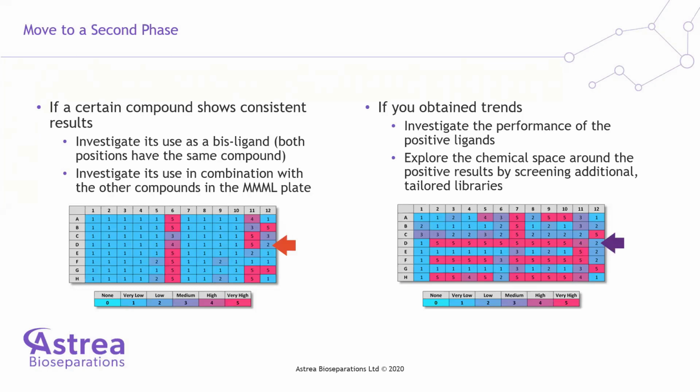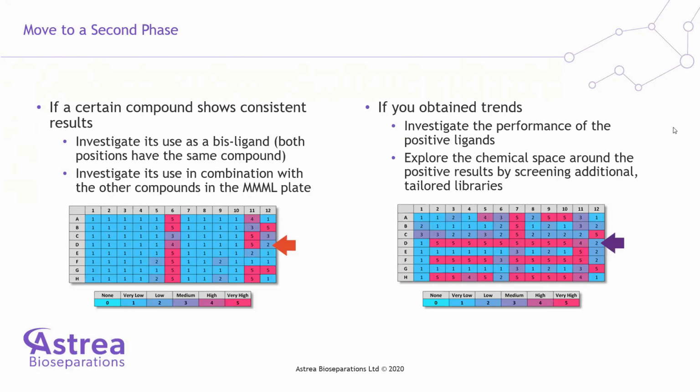And this is done by doing additional screenings, either using the same library but more stringent conditions for screening. So you might put a higher salt concentration or change the pH to take a look at which ones are more resilient.